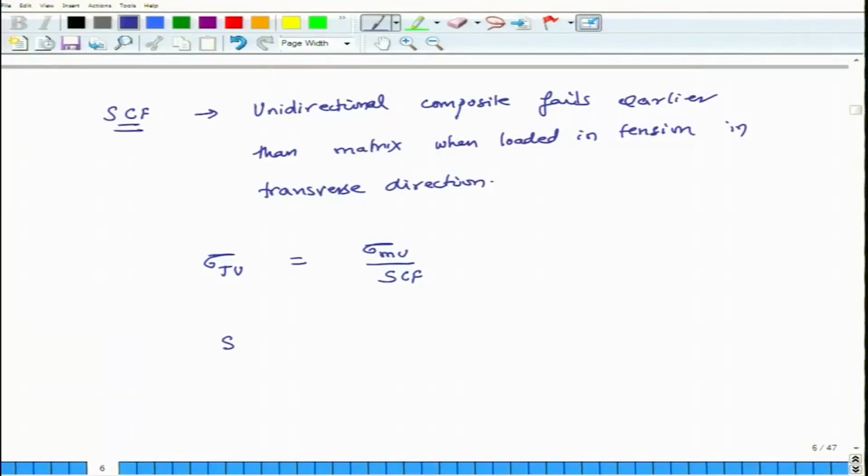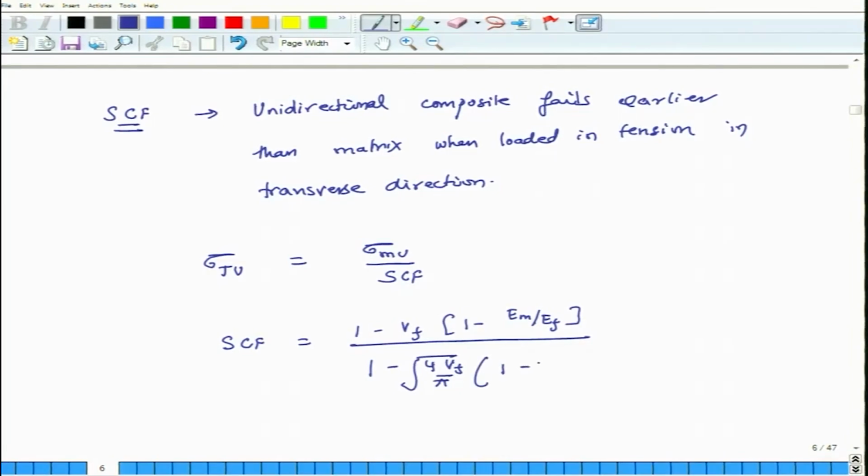So, that stress concentration factor equals 1 minus Vf divided by 1 minus Em over Ef divided by 1 minus 4 Vf over pi times 1 minus Em over Ef. So, if you know the volume fraction of the material and you know Em and Ef, you can find out a stress concentration factor.